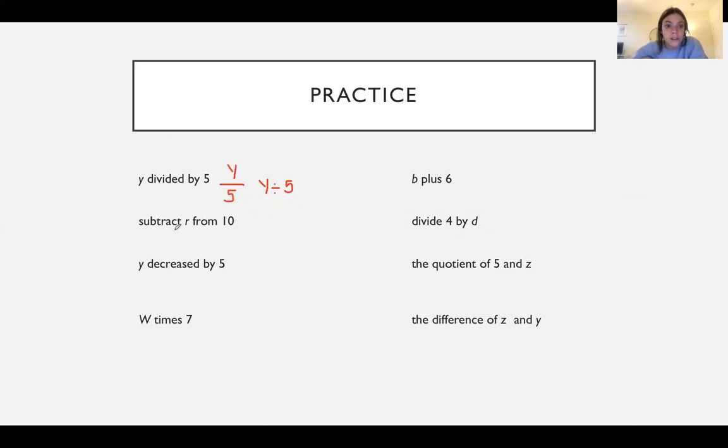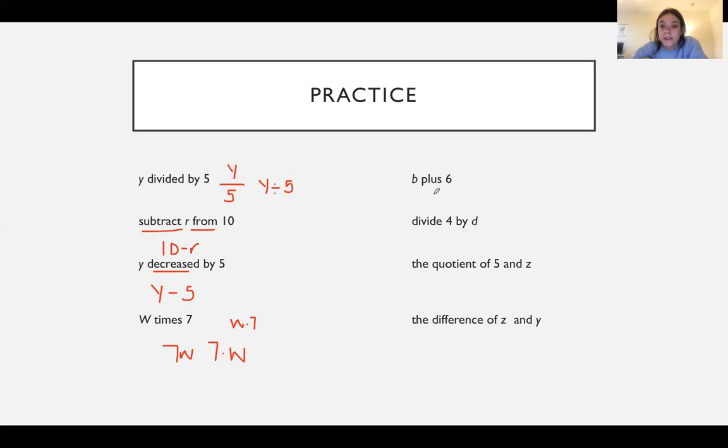Since we're subtracting r from 10, it's going to be 10 minus r. Here we have y decreased by 5, so that's y minus 5 because you're decreasing y by 5. And then w times 7 is just 7w, or 7 times w, or it could even be w times 7.